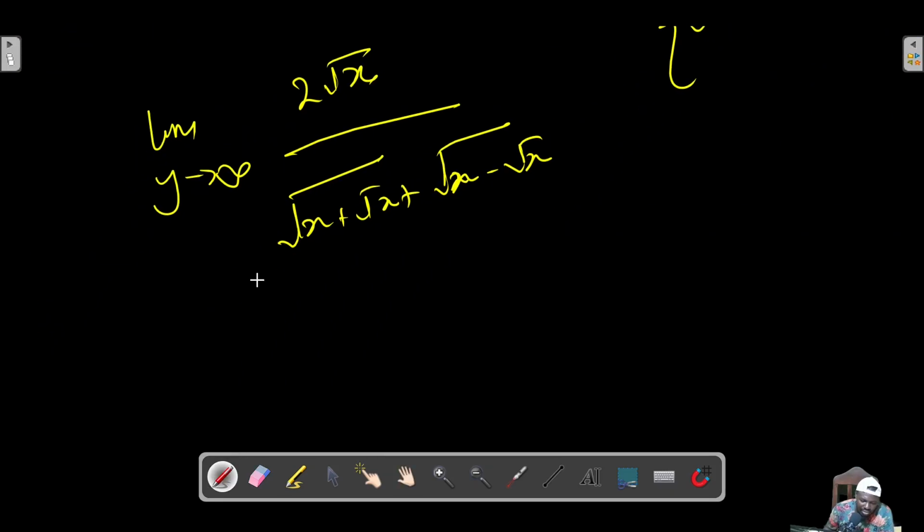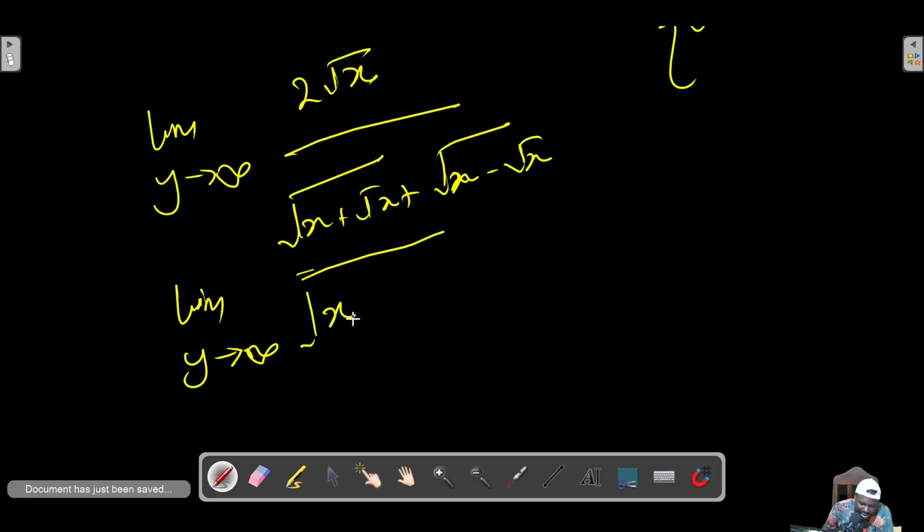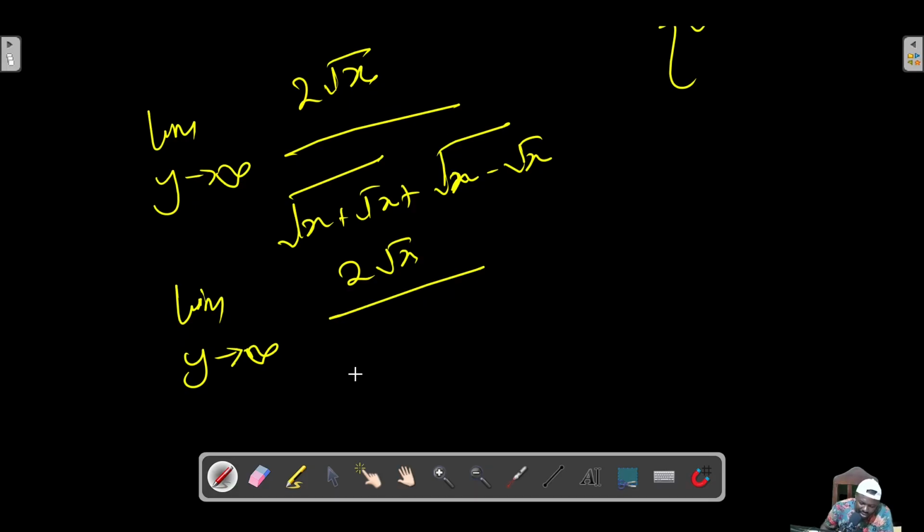So now let me do one thing. The limit as y is approaching infinity. Now for this term, I'll try and factorize out root x. So it will be 2 root x all over, for here.